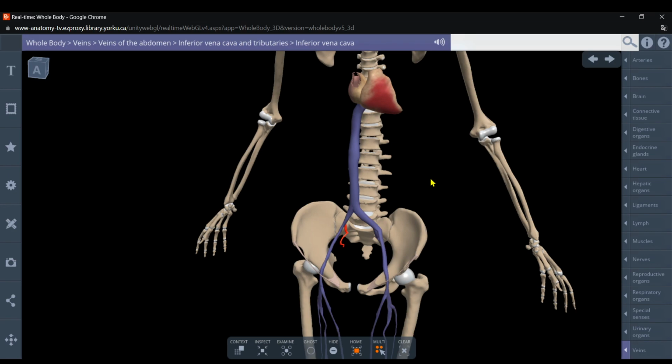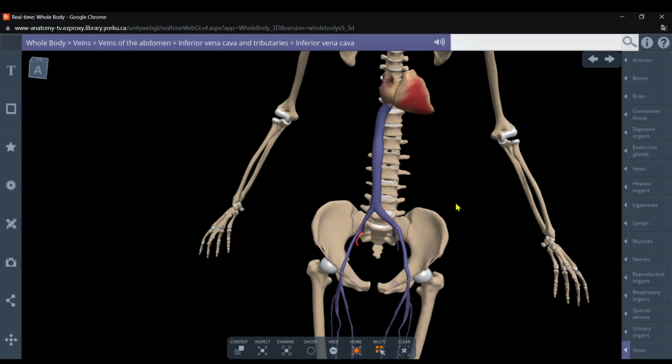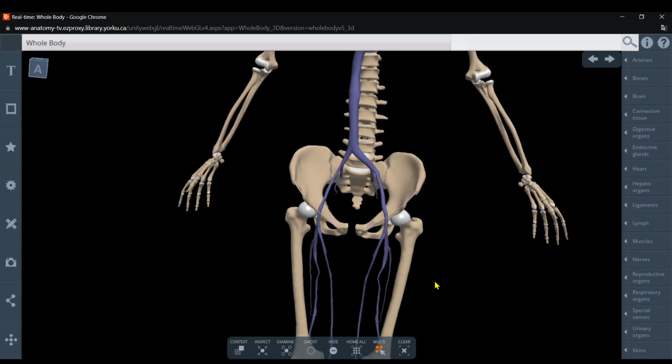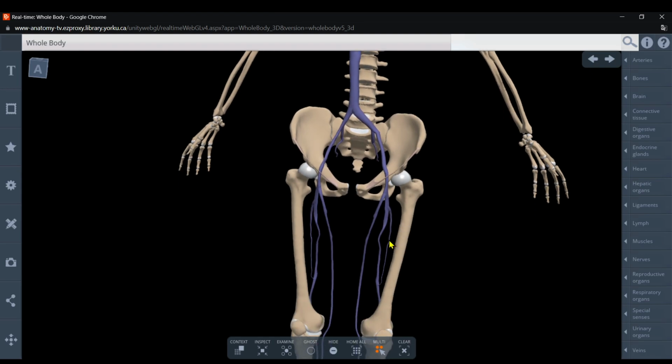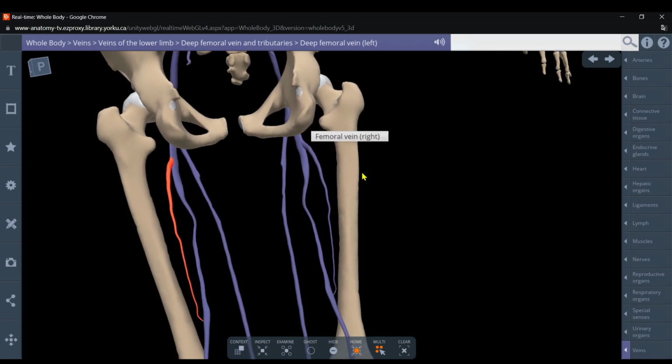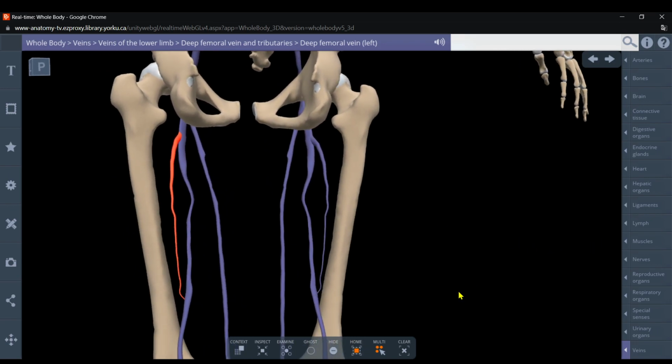All right, so the last pathway I want to talk about, the seventh one, and the last pathway of how the blood is going to get back into the heart from the lower limb, is starting from the deep femoral vein, which can be seen right here. Now, the deep femoral vein is going to drain into the femoral vein, right?